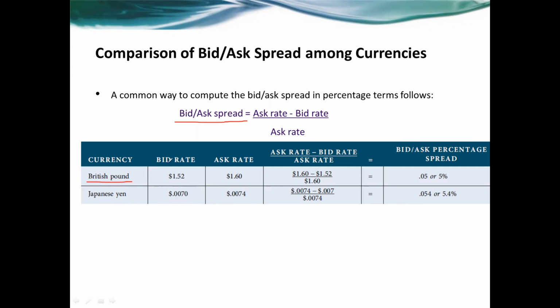That means the bank is willing to buy 1 UK pound by paying $1.52, and willing to sell a UK pound at the price of $1.60. Then how do we calculate the bid and ask spread? Ask rate is 1.60 minus bid rate 1.52, divided by 1.60. Then you will get the spread. The other example is also given, you can refer to the slides.